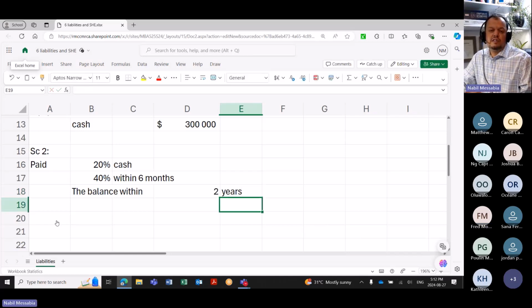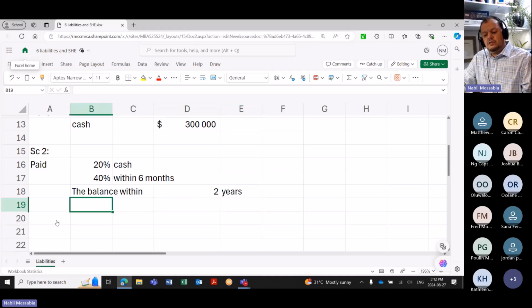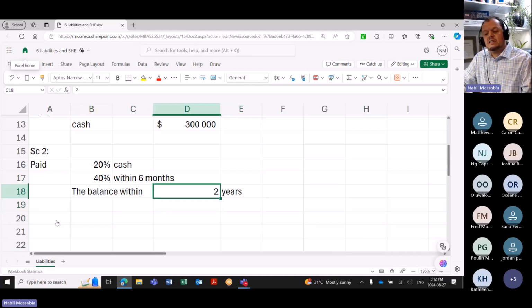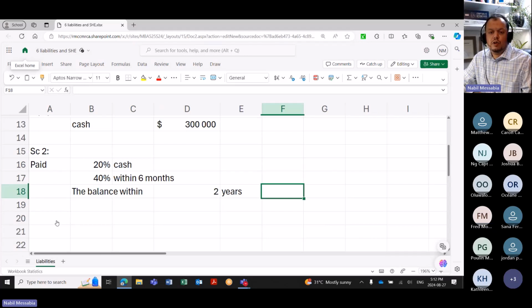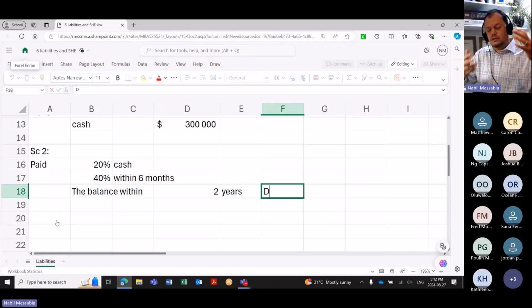And here we start to need the present value. The balance within 2 years. So if they say the balance within 2 years, we need to have a discount rate.